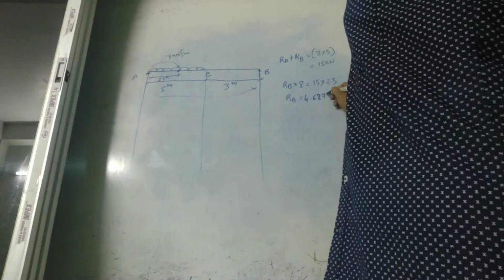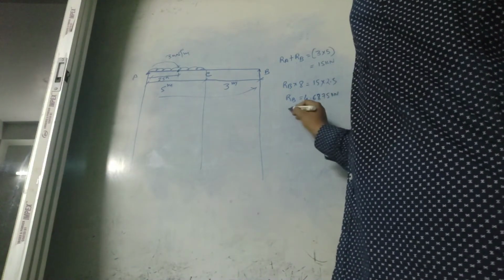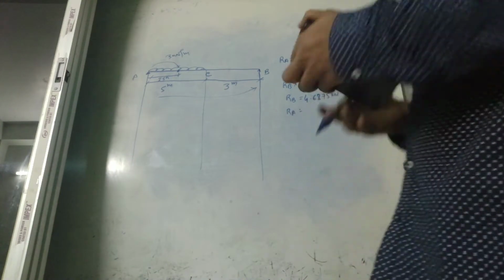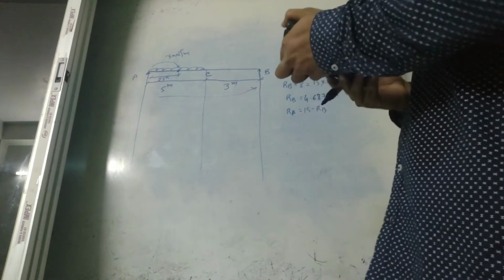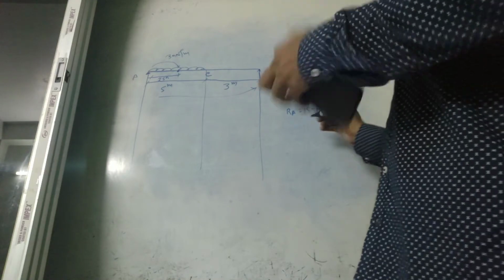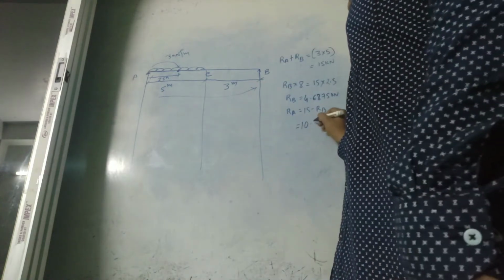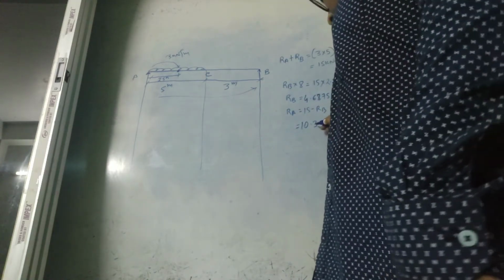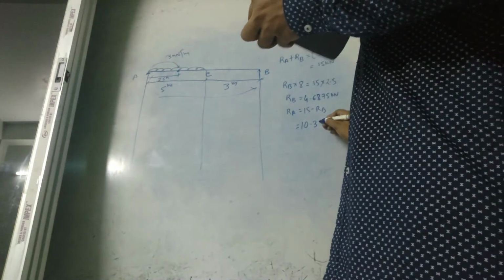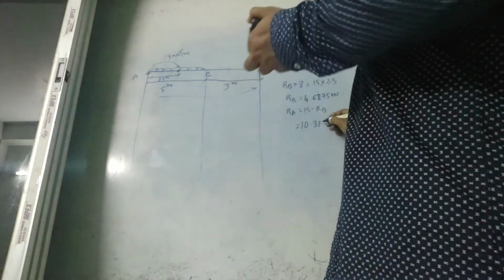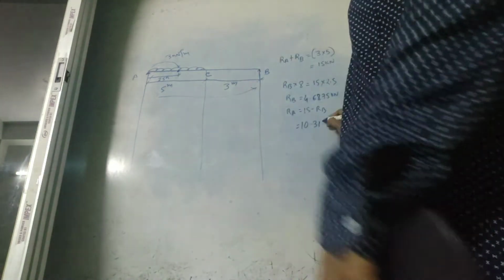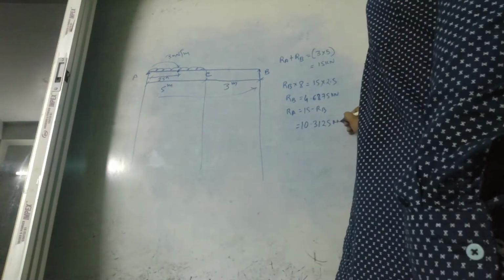15 into 2.5 divided by 8 means 4.6875 kilonewton, and RA equals 15 minus RB, which is 15 minus 4.6875, that is 10.3125 kilonewton.